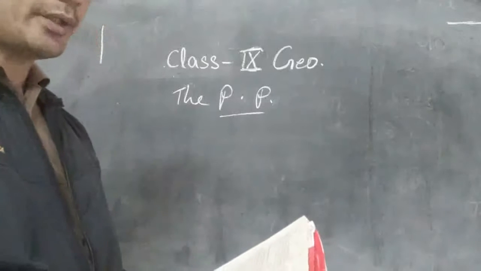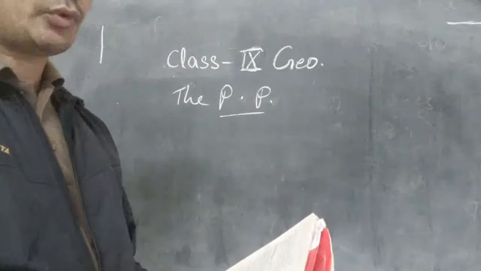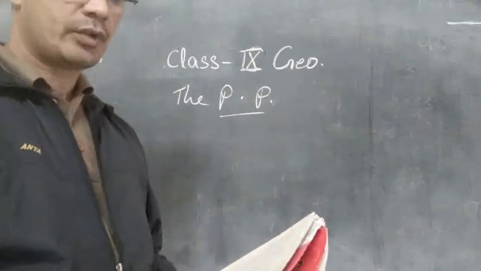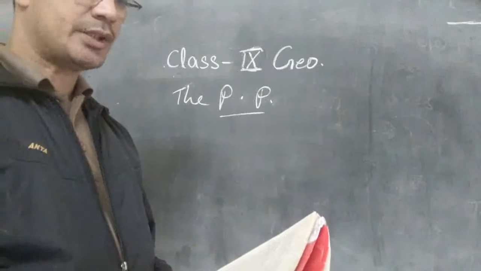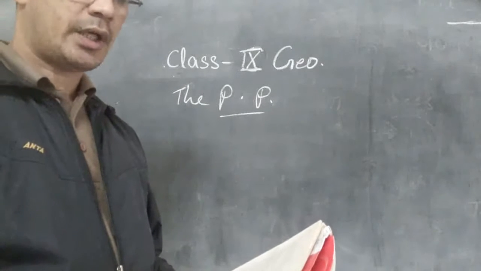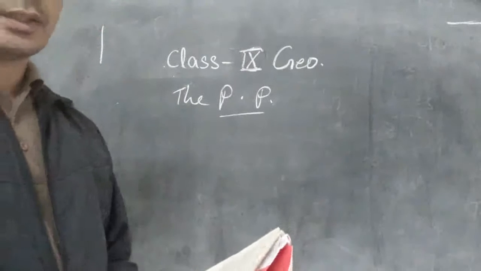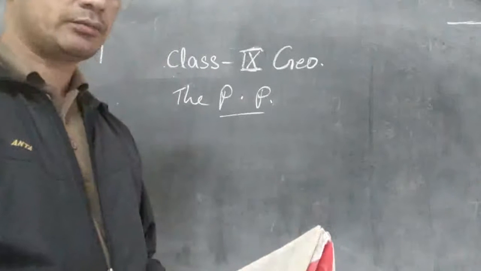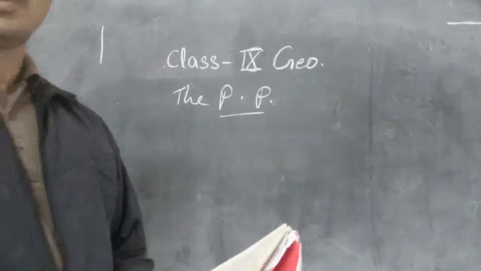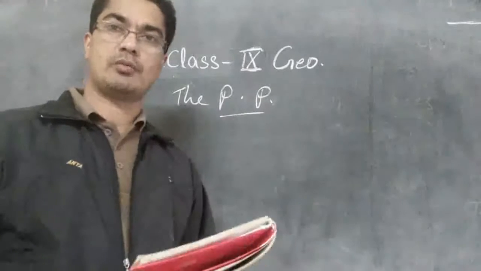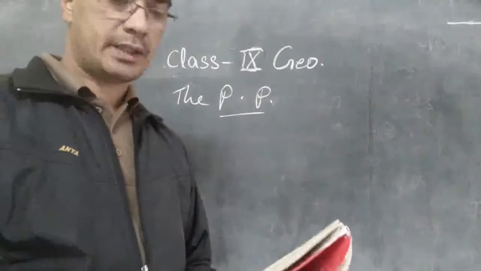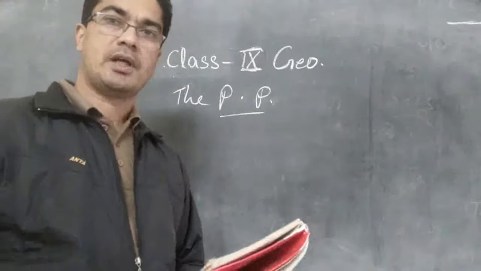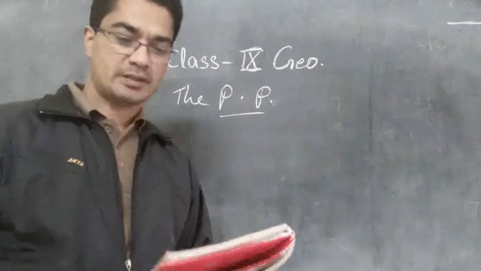And it is separated by a fault from the Chota Nagpur Plateau. Three prominent hill ranges from the west to east are the Garo Hills, the Khasi Hills, and the Jaintia Hills. These are the three important hills found in Meghalaya: one is Garo Hills, another is Khasi Hills, another is Jaintia Hills.